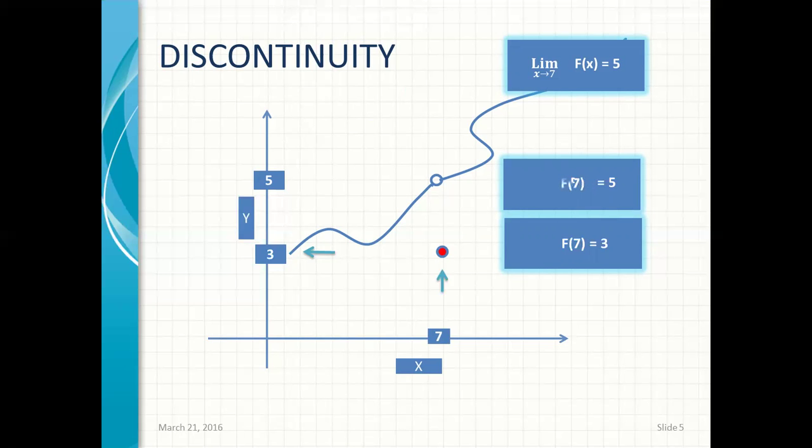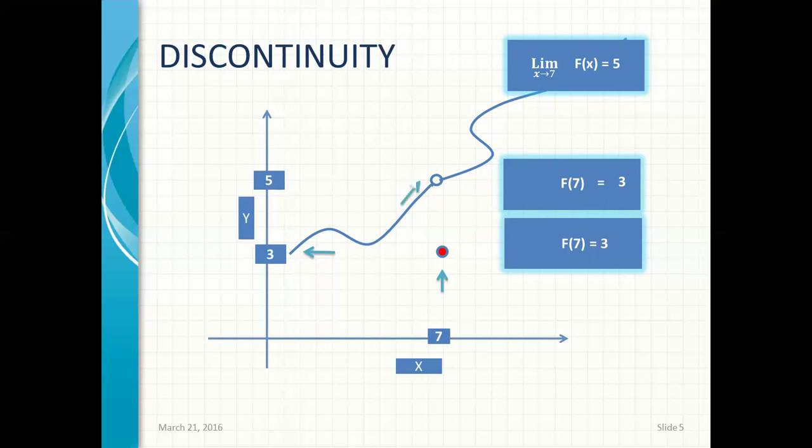So this becomes f(7). And what's the corresponding value of y? That is 3, so this becomes f(7) is equal to 3. So this is what I mean by the term f(7): the corresponding value of y for x at 7 is 3.